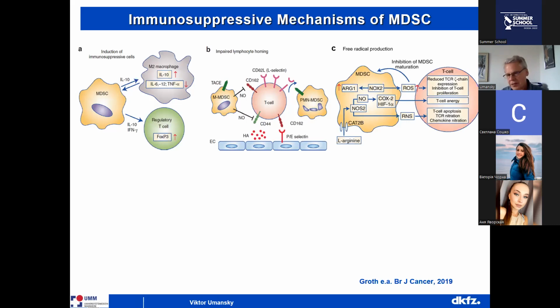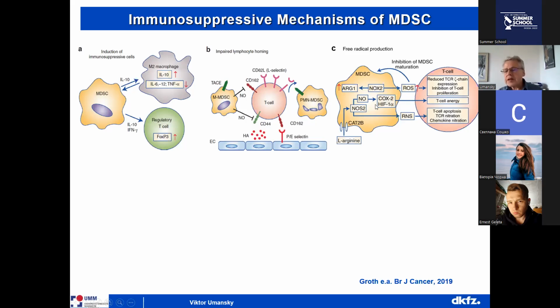It's like, more or less, we compare it with an atomic bomb explosion. So if T cells are very close to MDCs producing nitric oxide, they can die from apoptosis. But if they are at some distance, they survive, but with reduced function, like reduced zeta chain expression of the T cell receptor and inhibition of their proliferation.